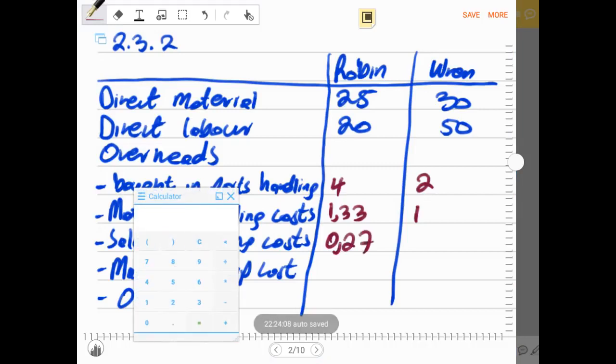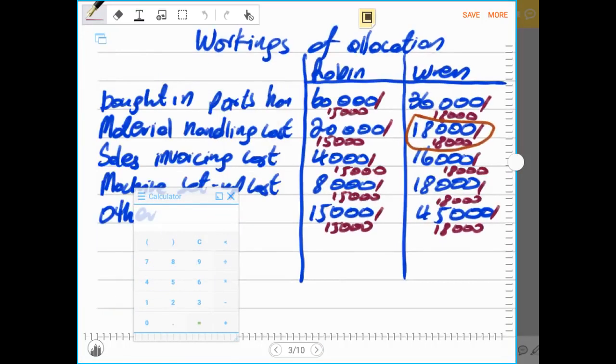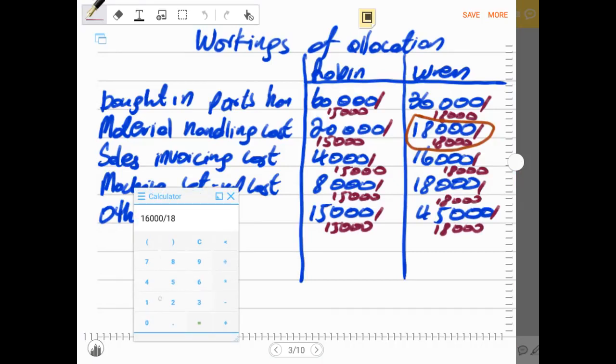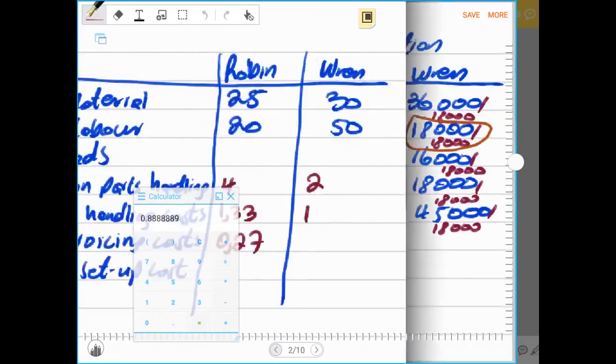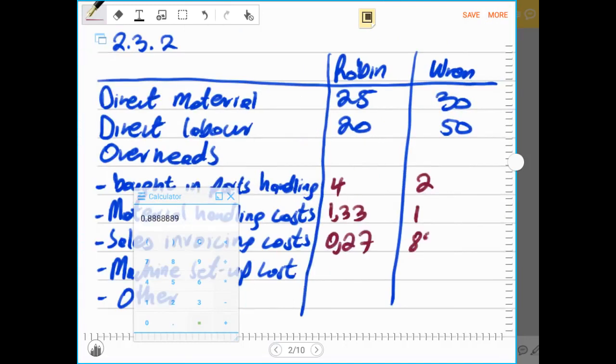Then we take the same overhead, 16,000 divided by 18,000. Remember, 18,000 is the units. That gives us 89 cents.